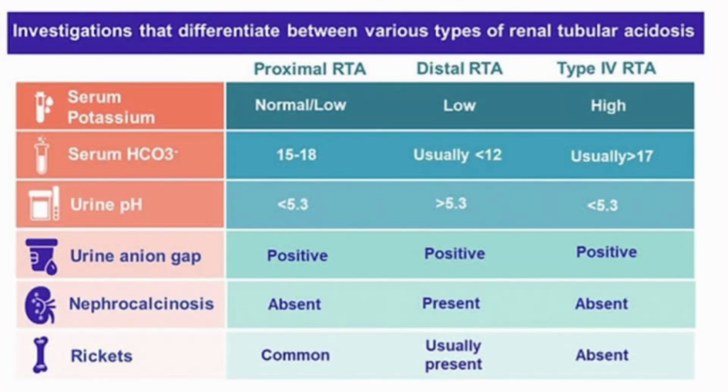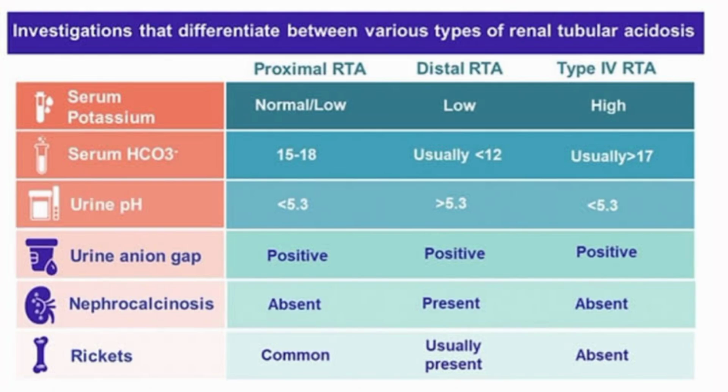Here are the investigations that differentiate between various types of renal tubular acidosis. As you can see, in proximal renal tubular acidosis, there is normal or low potassium level. In distal, also potassium level is low. Type 4 is hyperkalemic. You can compare the bicarbonate levels of the three types. You can compare the urinary pH: less than 5.3, it is proximal renal tubular acidosis; pH more than 5.3, distal; less than 5.3, type 4.